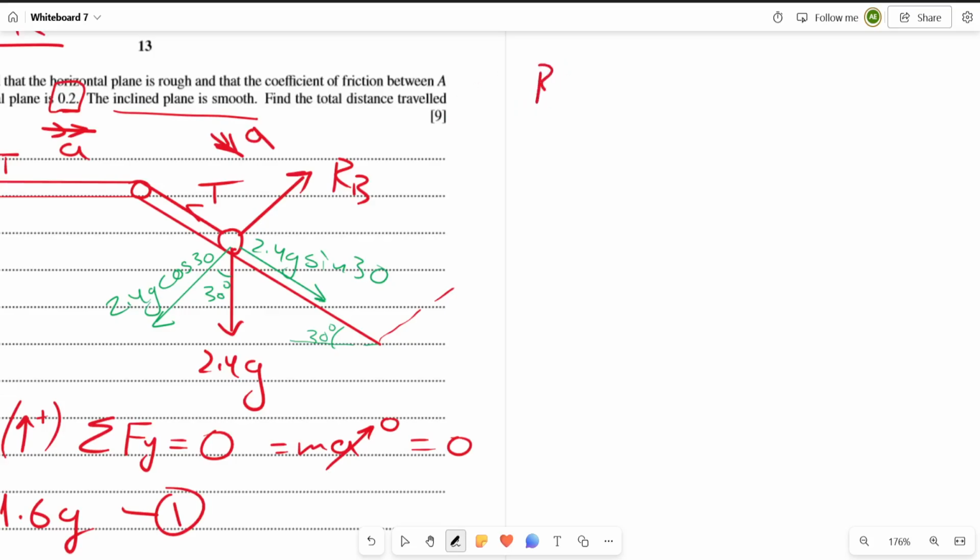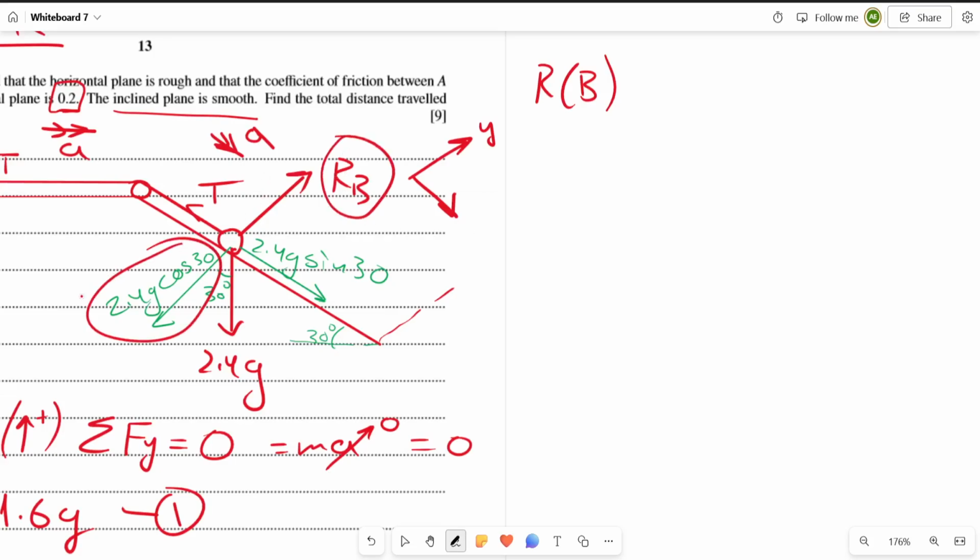So resolving particle B, since there is no friction in particle B, I do not really need to resolve in the Y direction. It's not gonna help me. I'm just gonna know that the reaction is equal to 2.4 G cosine 30, but I'm not gonna do anything with it. If the question asks for the reaction, you can do it, but for now I don't need it. So I'm just gonna do sigma F in the X direction.